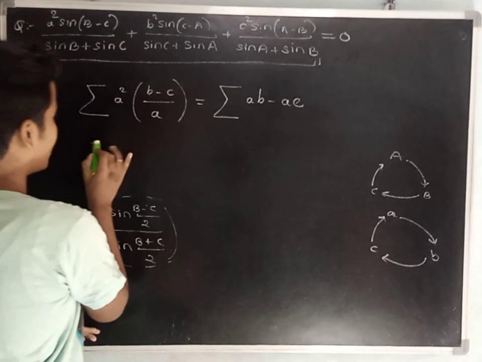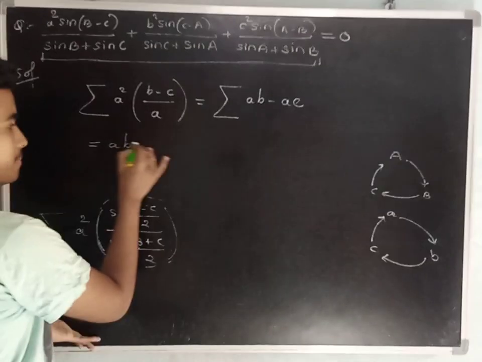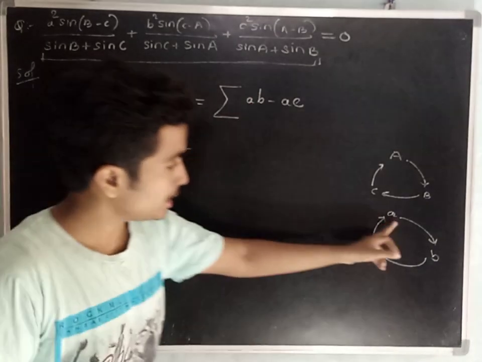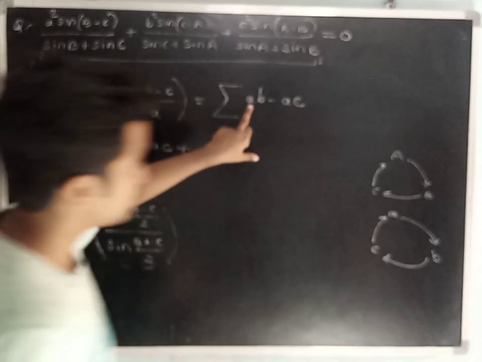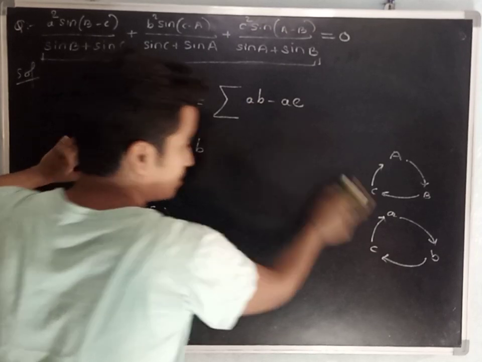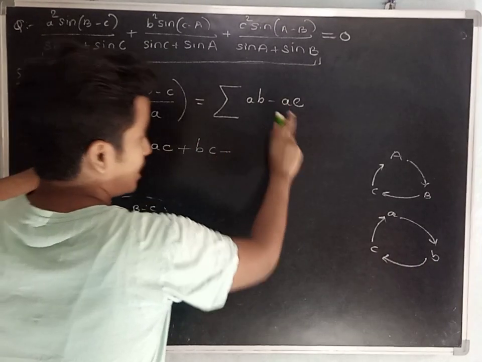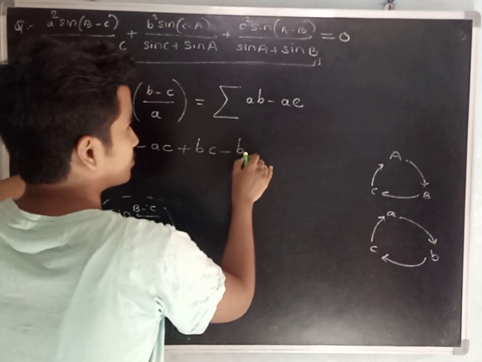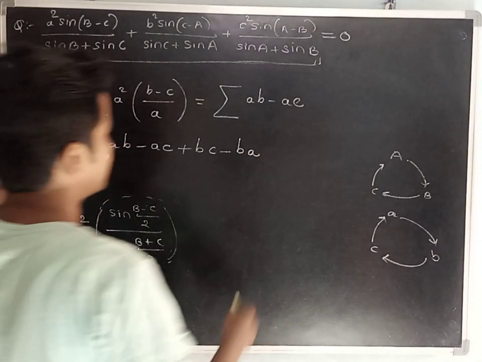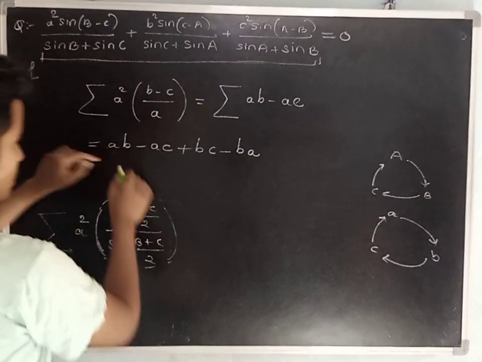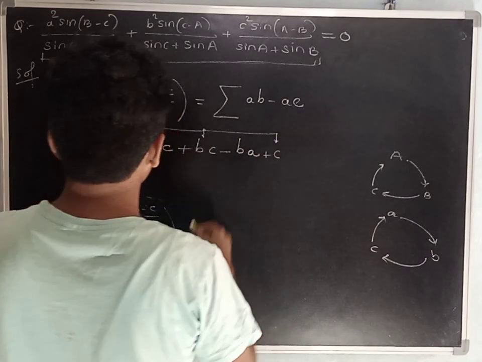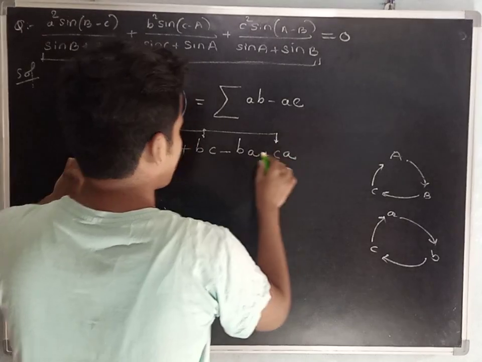First of all, we need to write the first term as it is: ab minus ac plus. After a, what we have got? b. After b, c, minus a after a, b. After c, a; after b, and b after c: b, c, a.